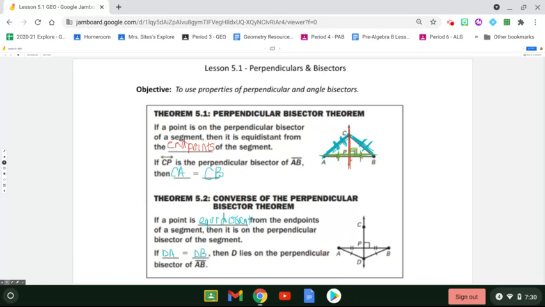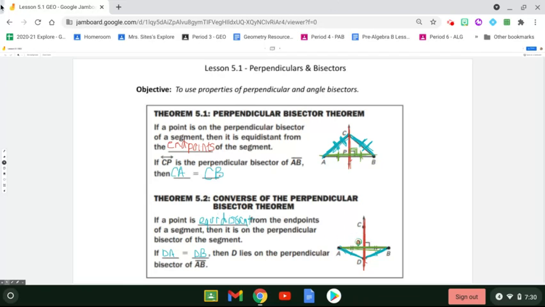So again, if we have the opposite, if we know AD is equal to DB, then we can say that point D is lying on the perpendicular bisector of AB. It's the flip-flop of the one that we just talked about.